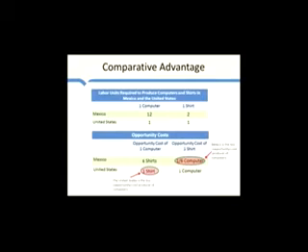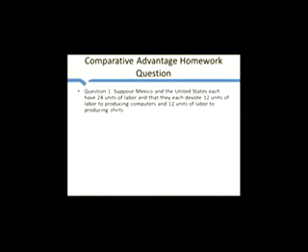So I'm going to leave some of the details to you actually in some homework questions, which we'll go over in a future video. So question 1. Let's suppose that Mexico and the United States each have 24 units of labor and that they each devote 12 units of labor to producing computers and 12 units of labor to producing shirts. That will be our baseline scenario. So the question is, what is total world production in this scenario?